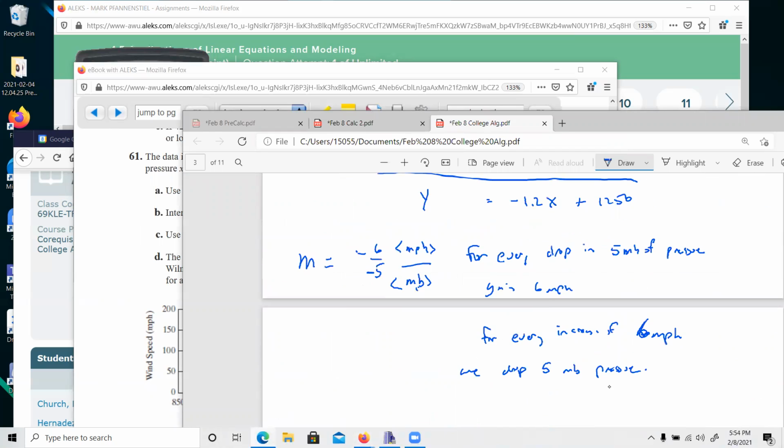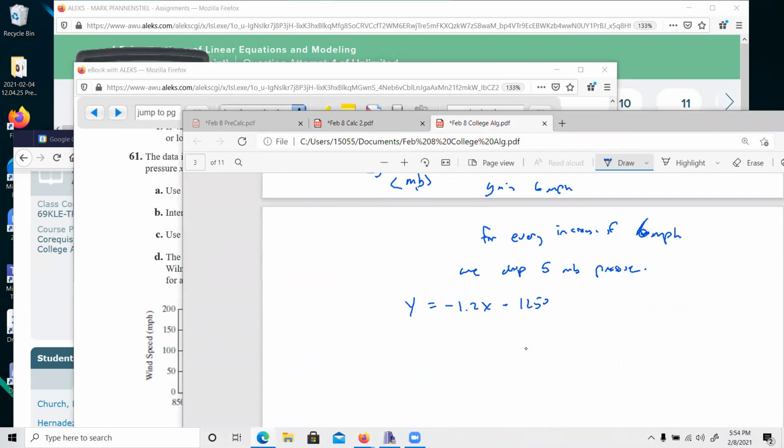So we have y is equal to negative 1.2x plus 1250. If you want to come down here and say x equals pressure, y equals wind speed, right? That way it keeps everybody straight for explaining what the problem is going to be.